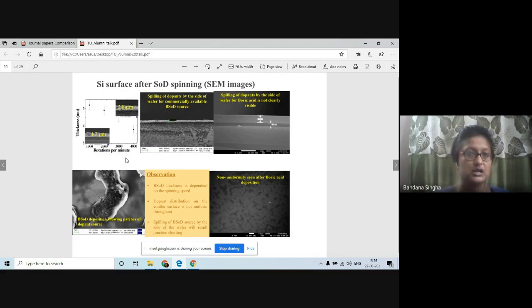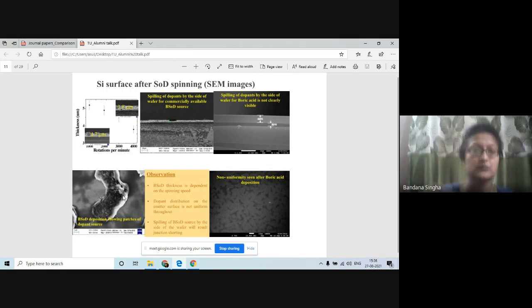Generally, for our experimental purposes, we keep it at 3000 RPM. In the process, you can also see the splitting of some dopant sources along the edges of the silicon wafers. Also, some patches of the dopant sources are seen on the surface, in other words, the surface doesn't appear to be uniformly deposited.